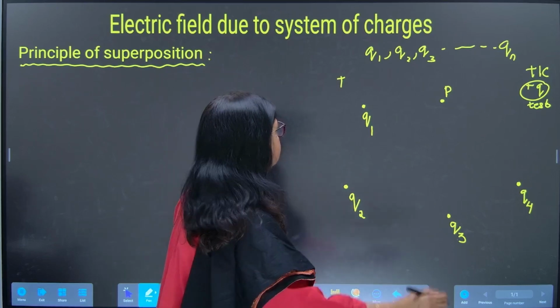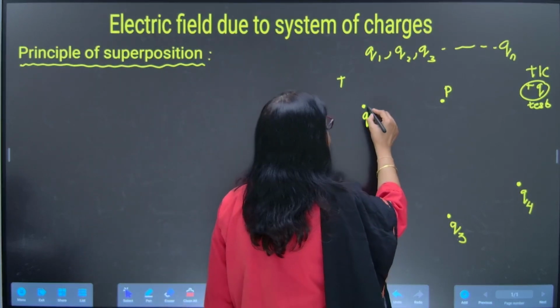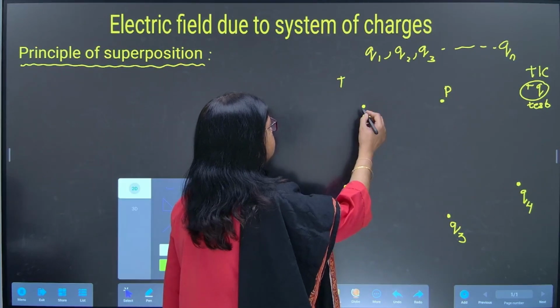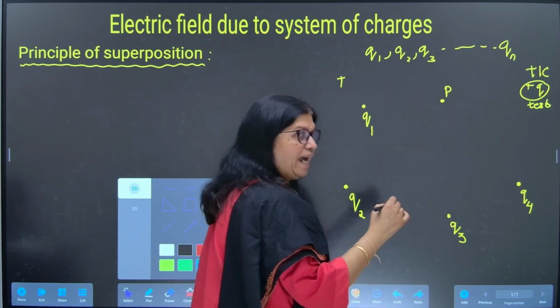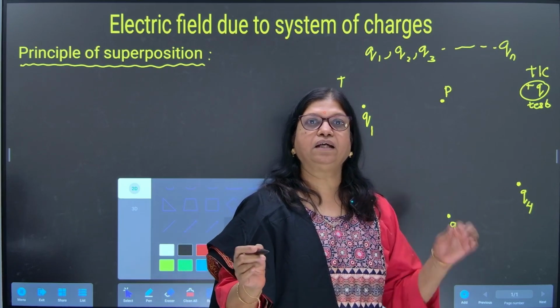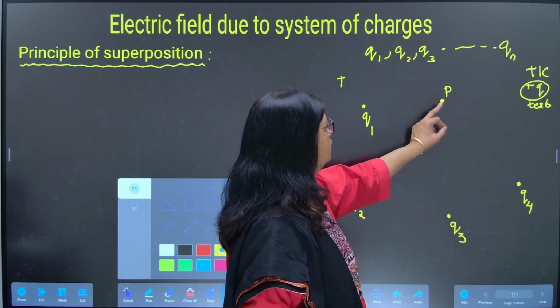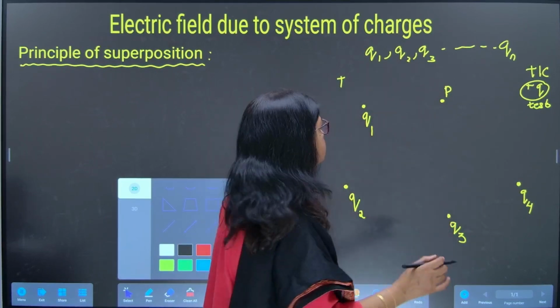So let us consider the charge Q1, and the test charge is also positive. As both the charges are positive, they will definitely repel, and as learnt yesterday, the electric field is the force on the charge at the point P. So let us draw the repulsion.